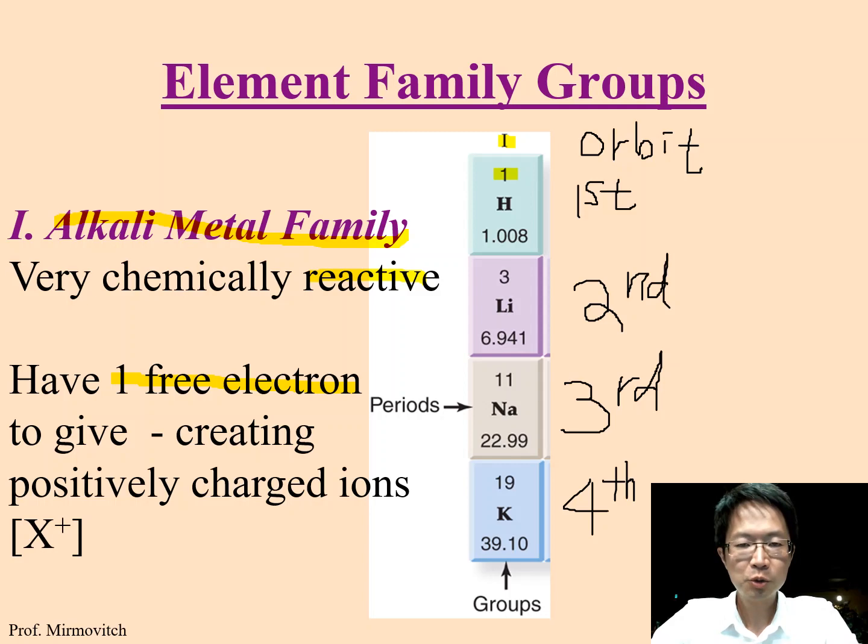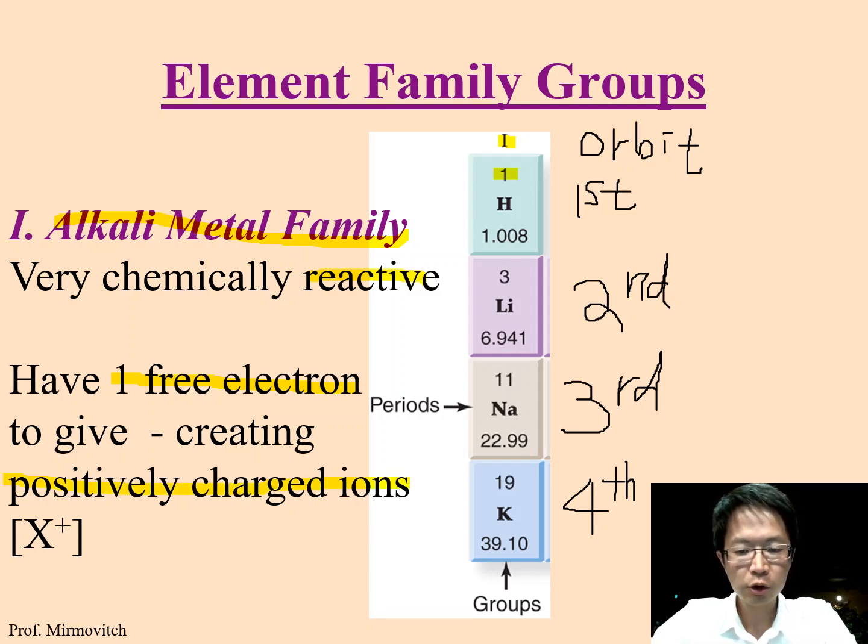If they lose this 1 free electron, meaning if they give this 1 free electron to another atom, then they will become stable. And because they lose 1 negative charge, 1 electron meaning 1 negative charge, then they lack 1 negative charge and they become 1 positively charged. We call this an ion.